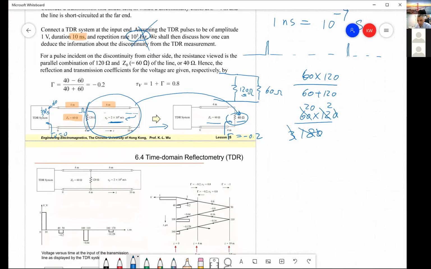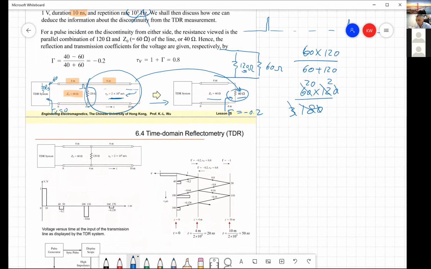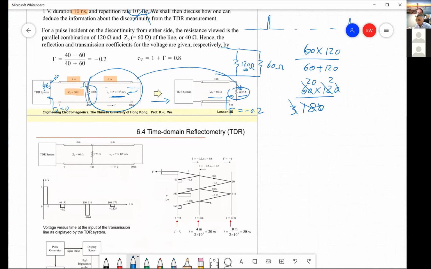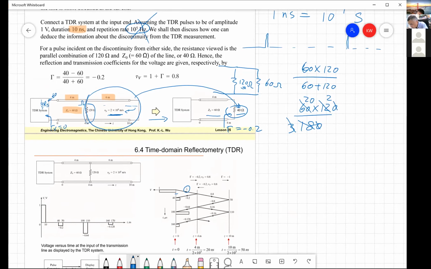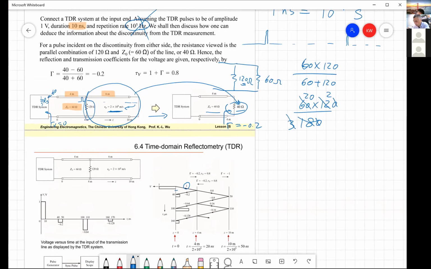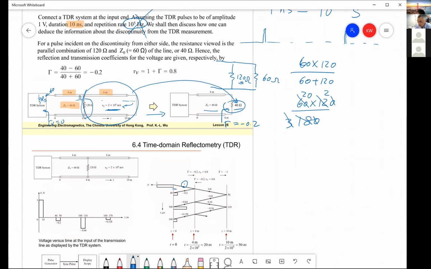So now let's take a look at this. What we do first: because there is no reflection at the beginning, the total signal is applied. We have 1 volt. So after 1 t, this is like a 20.